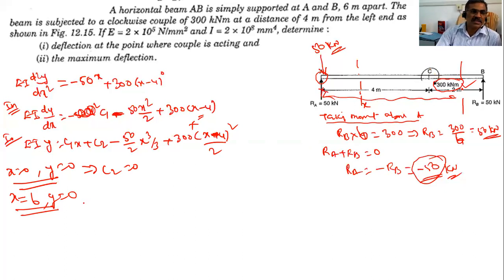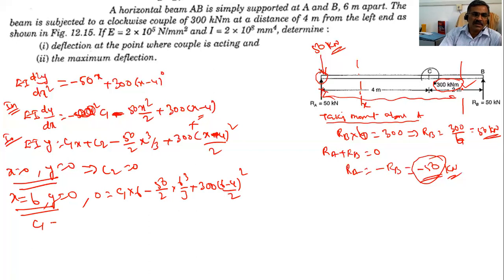What will you get? 0 is equal to, already C2 is 0, so C1 into 6 minus 50 by 2 into 6 cube by 3 plus 300 into (6 minus 4) the whole square by 2. From this you can find the value of C1. The value of C1 is 200.